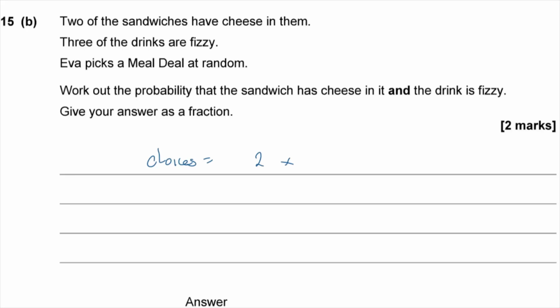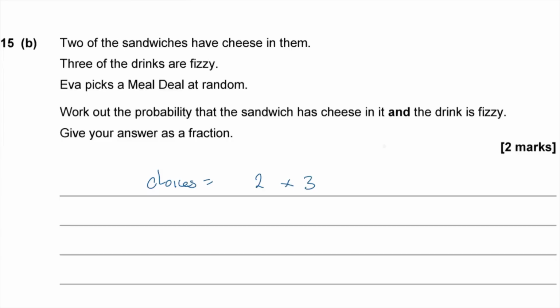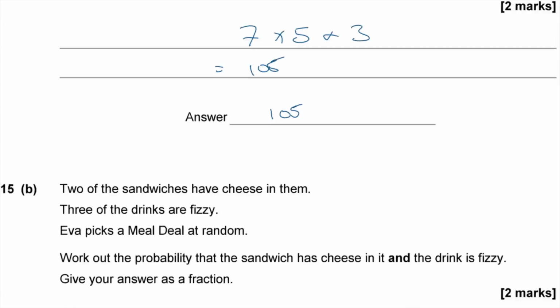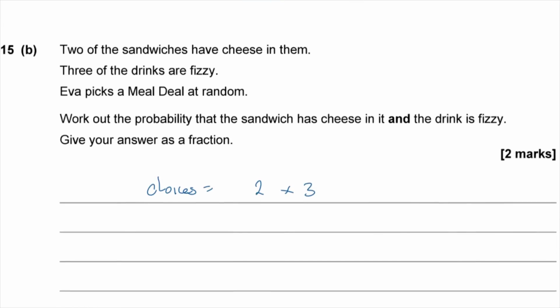She's got 3 types of drink which are fizzy, but she's also got some snacks, which there aren't any restrictions on, so she can have any of those 3 snacks. She's going to have to multiply that by another 3. So 2 times 3 times 3 is 18. So she's got 18 different choices for her meal deal if it's going to be cheese and fizzy.